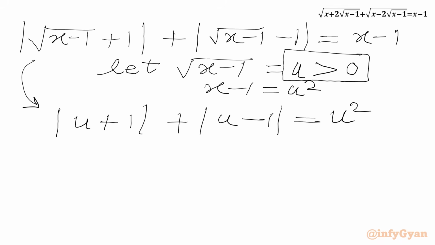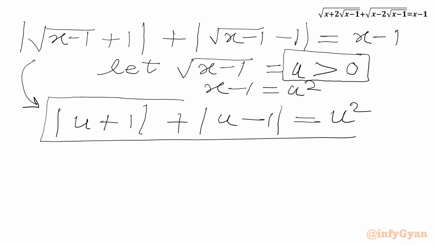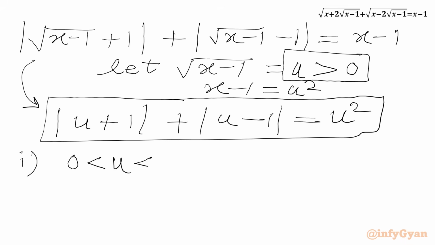Now for u positive there will be two conditions as per our modulus equation, or absolute value equation. First case is u greater than 0 and less than or equal to 1.